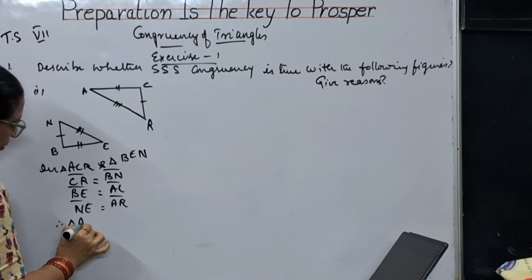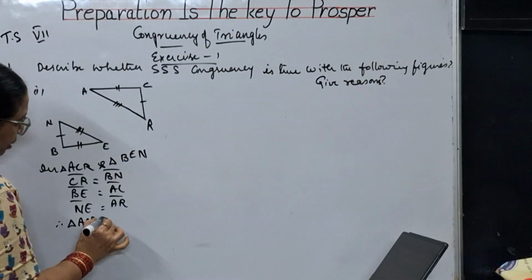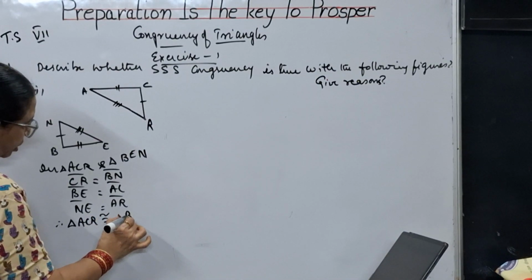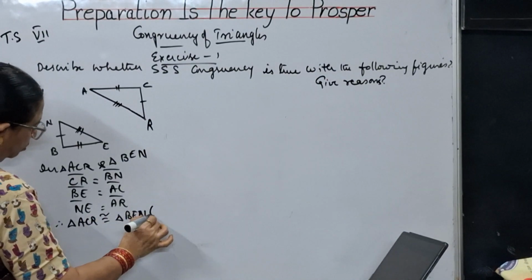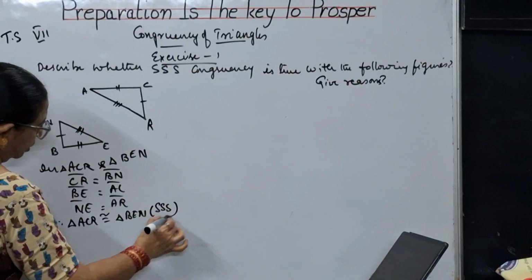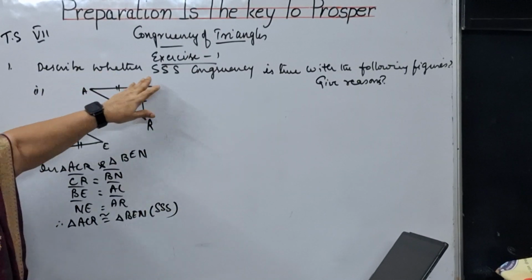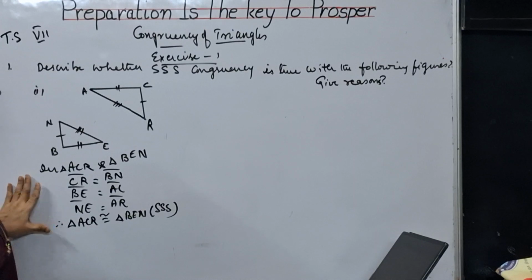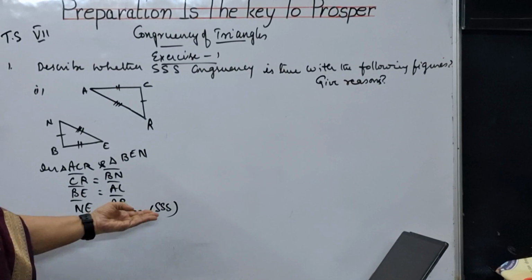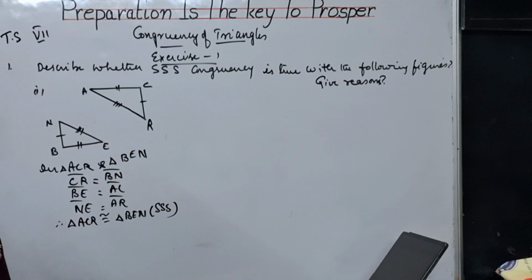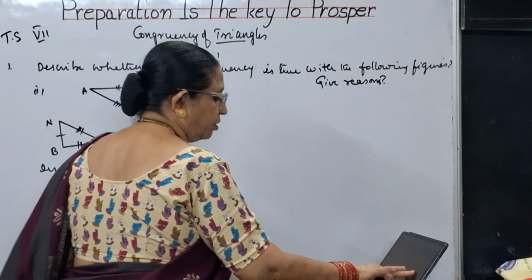Therefore, triangle ACR is congruent to triangle BEN basing on side property. So the question is whether side congruence accepts? Yes. Give reasons. You have already given reasons. So this is the solution for the first bit, children.